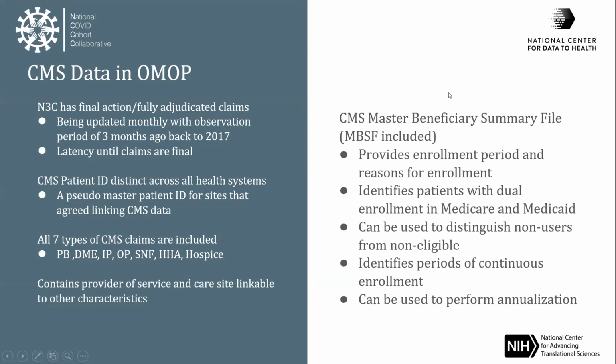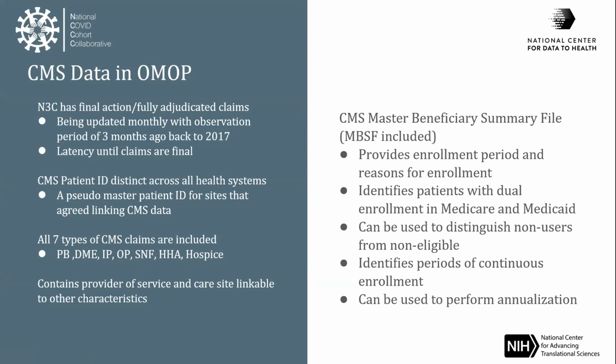An additional piece that I just want to spend a minute on before I wind up this section is the beneficiary summary file. Claims data isn't just the billing record, but there's also a record of when the patient is eligible for that insurance. In Medicare, that's called the master beneficiary summary file.